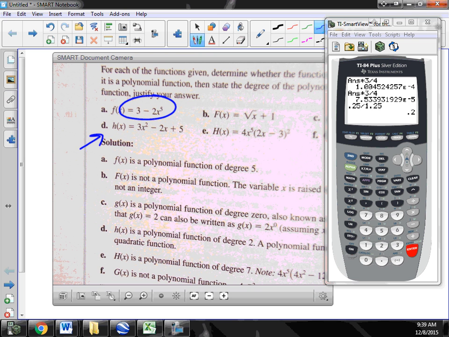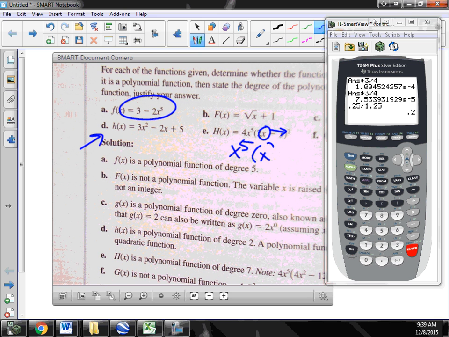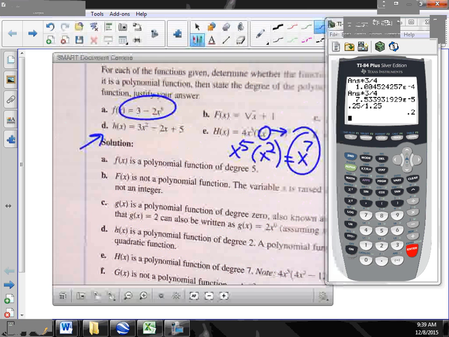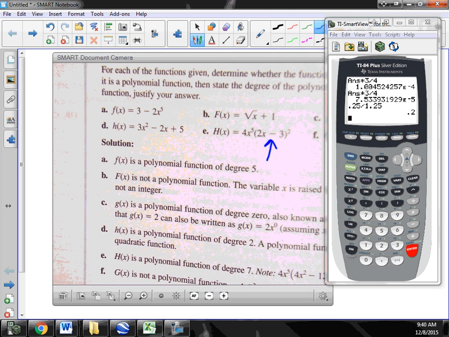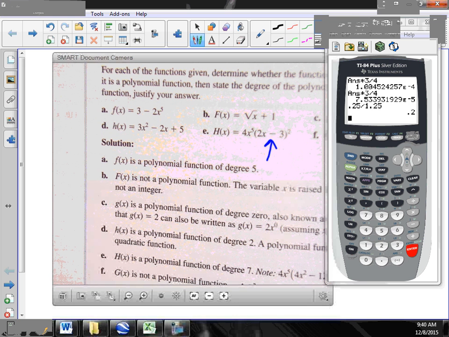So this is actually x squared, right? So you have x to the 5th times x squared, which is x to the 7th. That is the degree. Do I know how many terms it has? Well, when I square a binomial, how many terms do I get? 3. And when I distribute in another term, how many terms do I get?